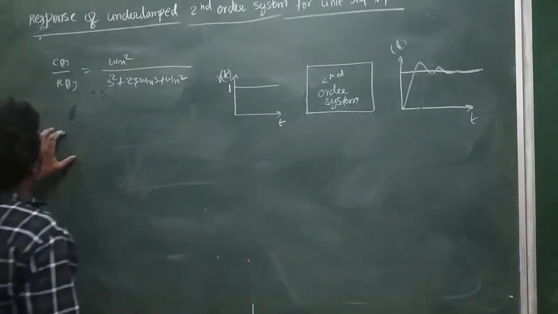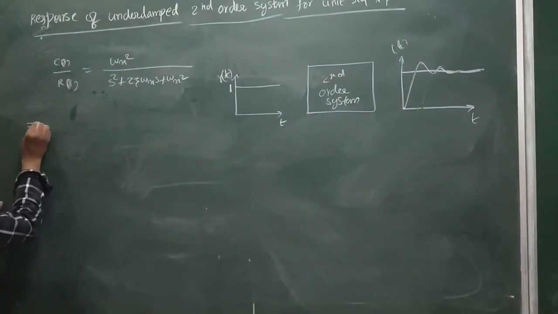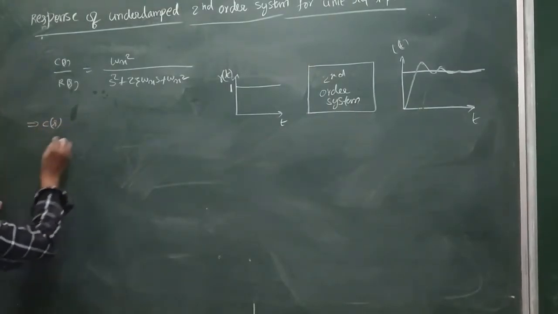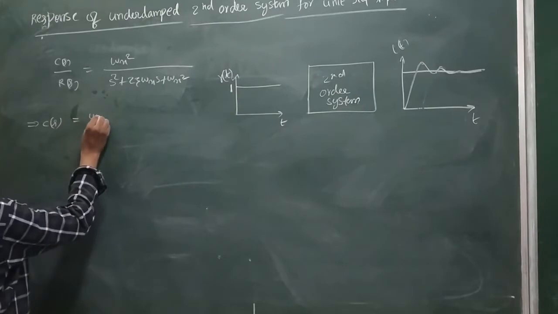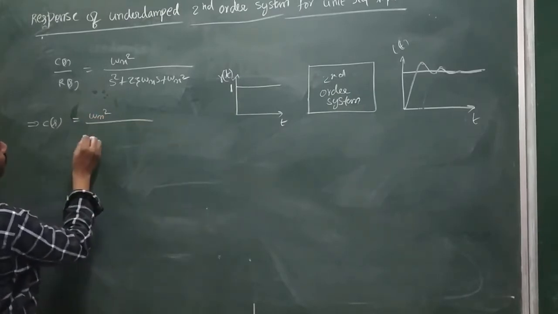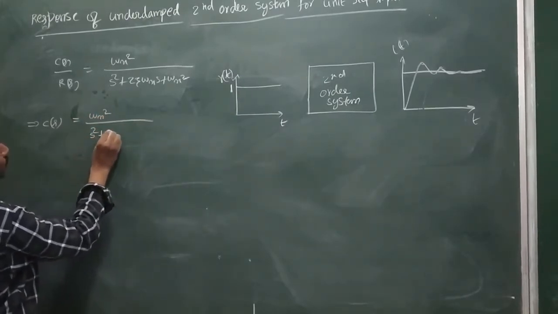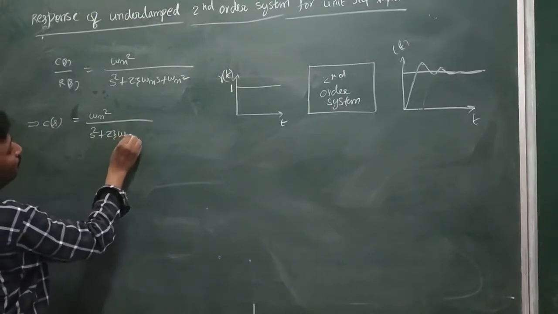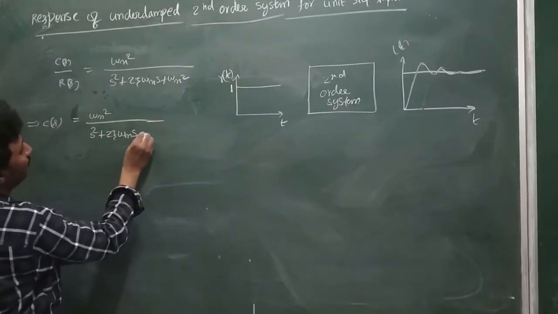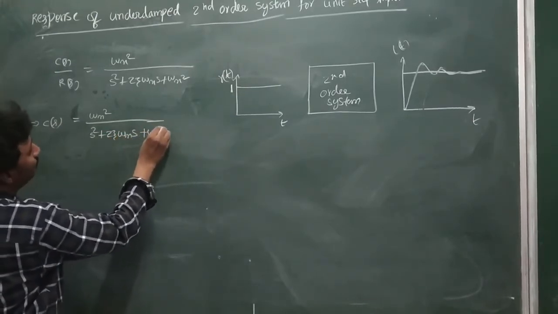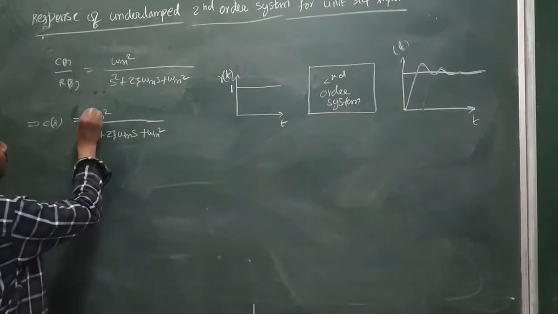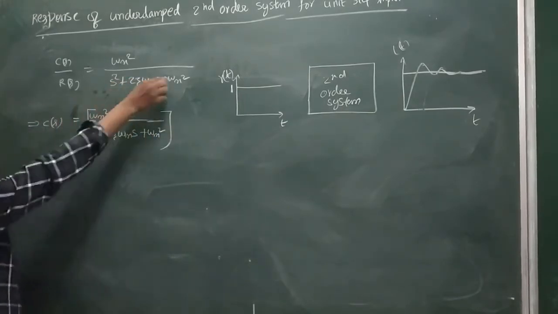Underdamped response. So now C of s is equal to omega n square by s square plus 2 zeta omega n s plus omega n square, you just multiply R of s.